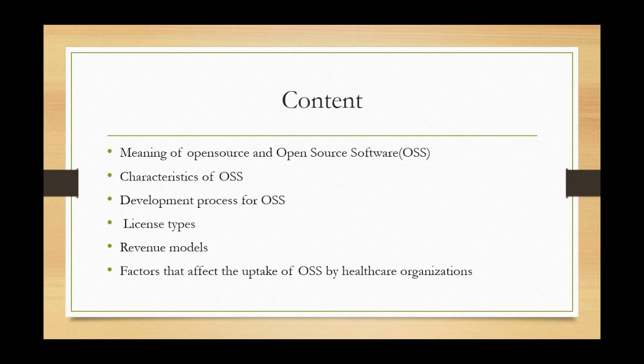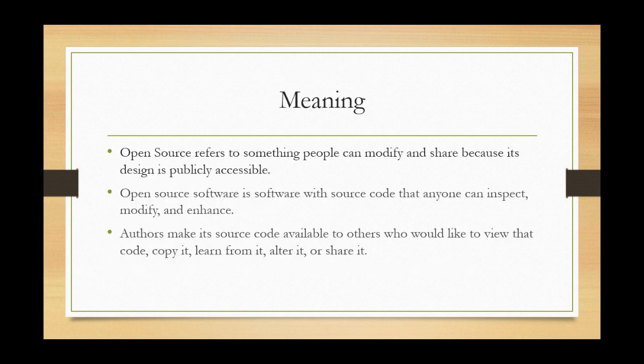So to start our series of videos, we'll start discussing open source. So what is open source? If you leave aside software, then open source is anything that people can modify, people can use, people can share just freely without any restrictions, simply because the design of such a thing is publicly accessible.